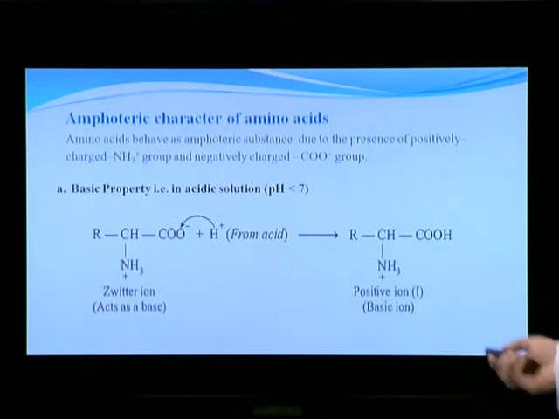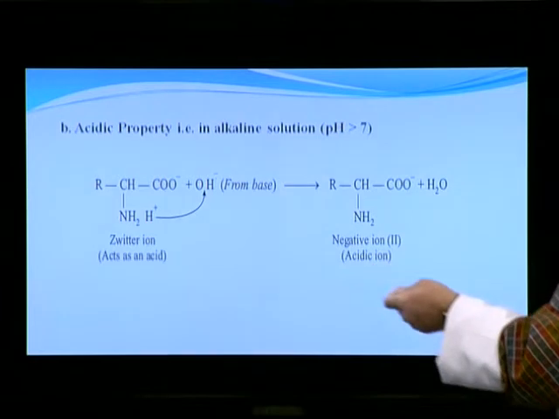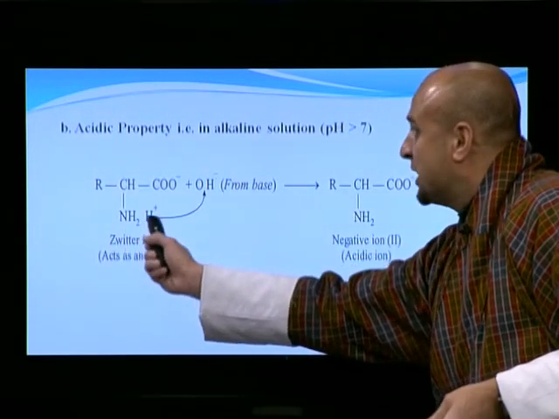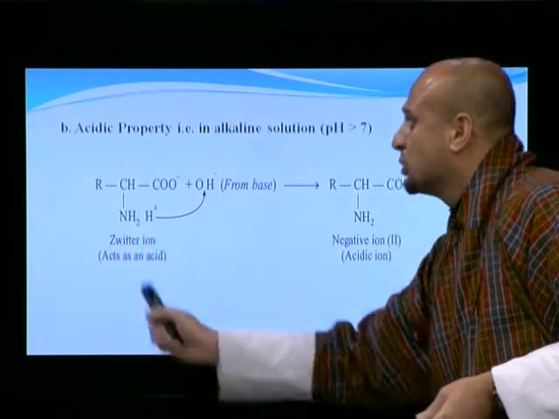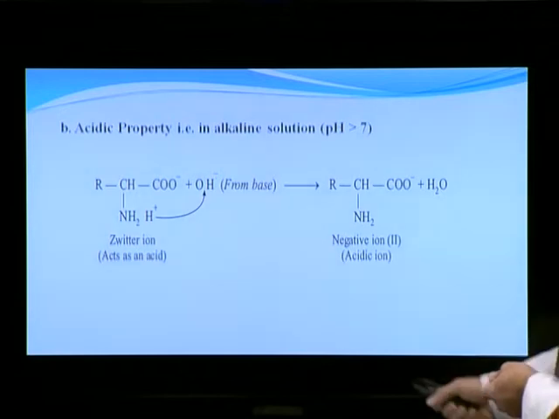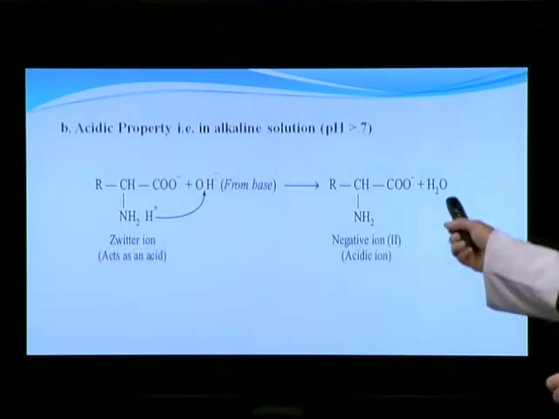Now let's go to the next one: acidic property in alkaline solution. When you put a base, the zwitterion should behave as an acid. How does it behave as an acid? By donating a proton. In the amino group, the proton attached to the nitrogen atom due to formation of a coordinate bond will be taken away by the hydroxide ion which comes from the base, to form water.